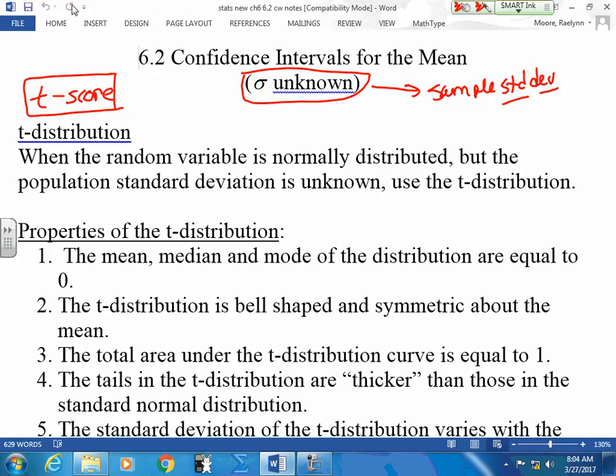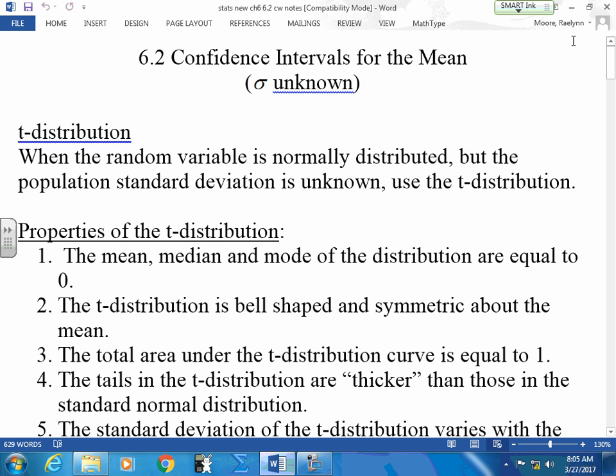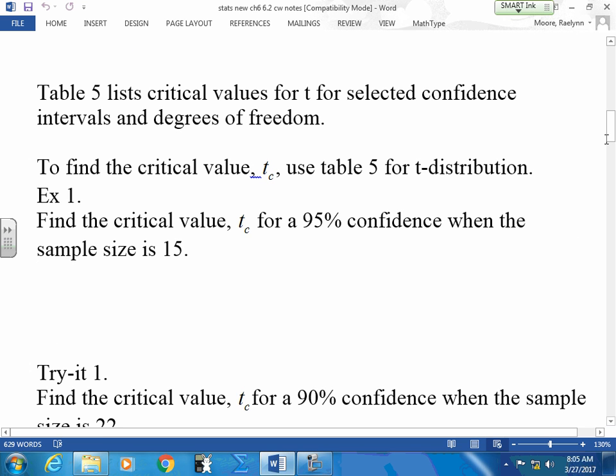A t-distribution works like a z-distribution. However, we call this a family of t-distributions. If you look at the bottom of page 310, there's a family of curves here. And it changes as n changes. As the amount that you have changes, so does this curve change.